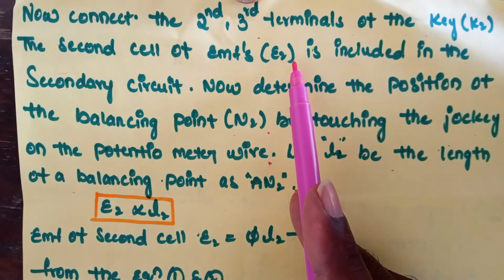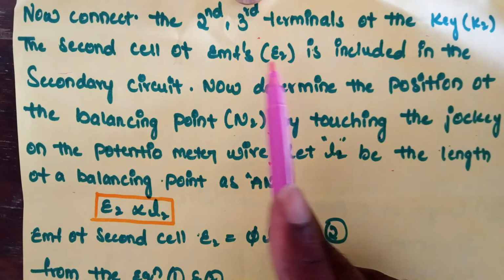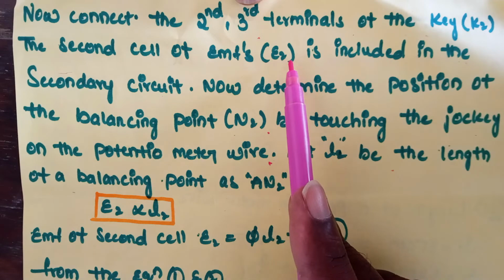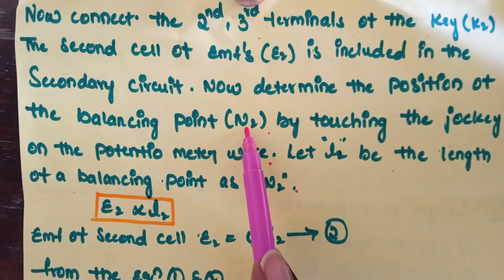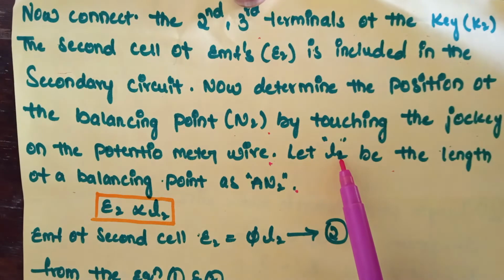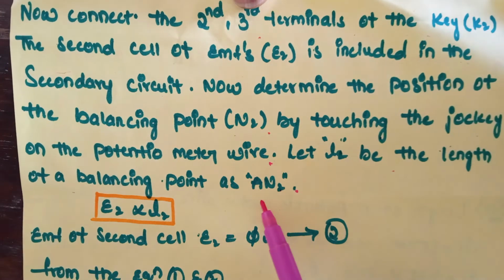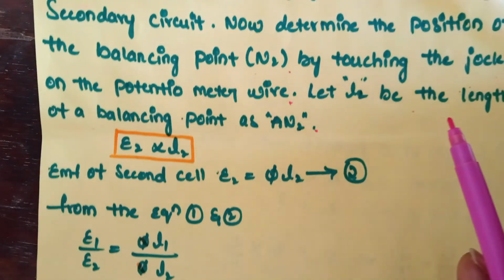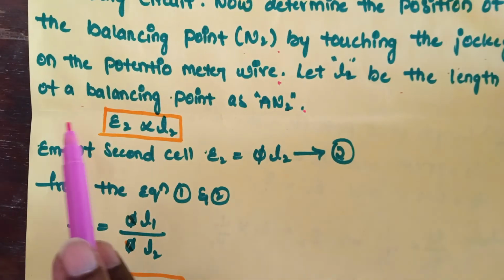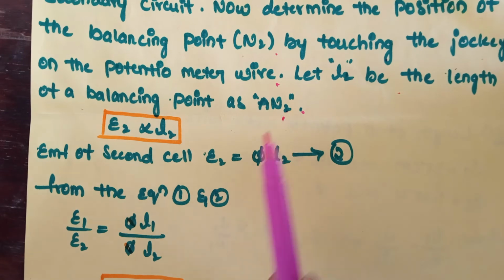There the first cell of EMF, here the second cell of EMF. Here balancing point N2, before N1; L2, before L1; AN2, there AN1.